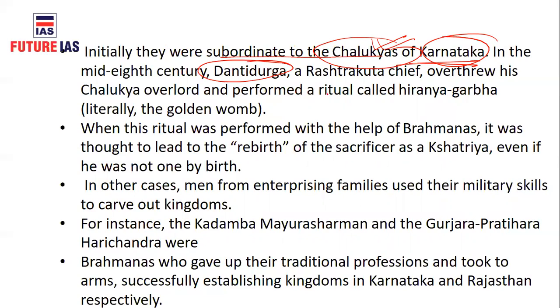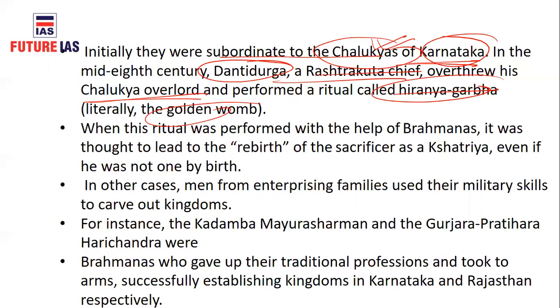So Danti Durga, the Rashtrakuta chief, overthrew his Chalukya overlord and performed a ritual known as the Golden Womb, or Hiranyagarbha. And you must understand, there is a certain significance involved.